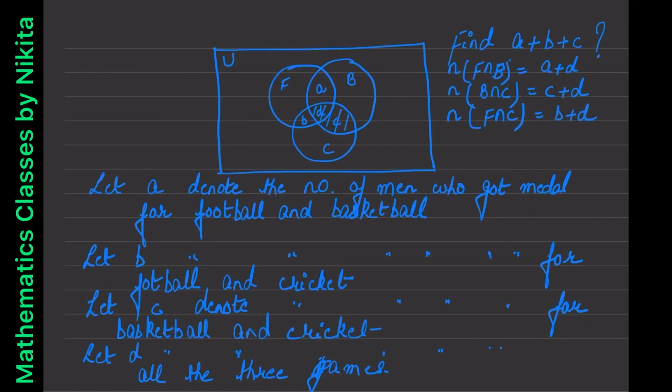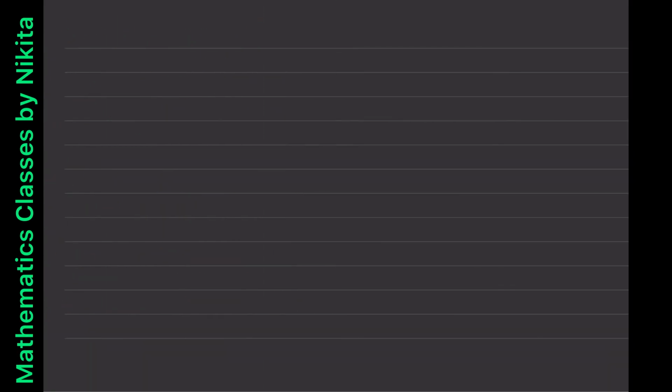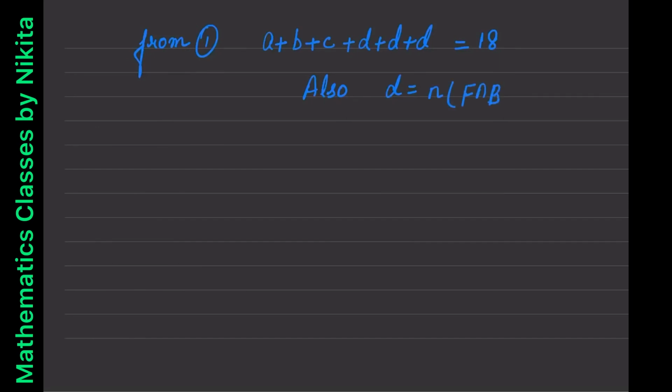And the sum of the three is given to be 18. So that means a plus b plus c plus d plus d plus d is given to be 18. Also we know that in the question itself it is given that d is equal to 3.